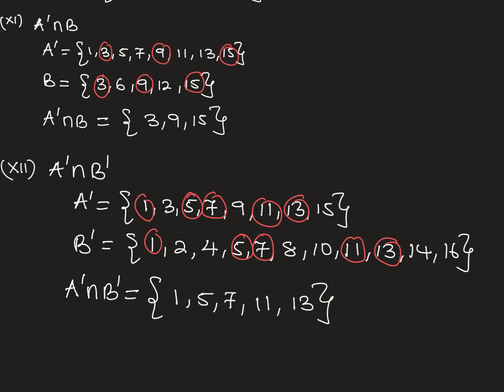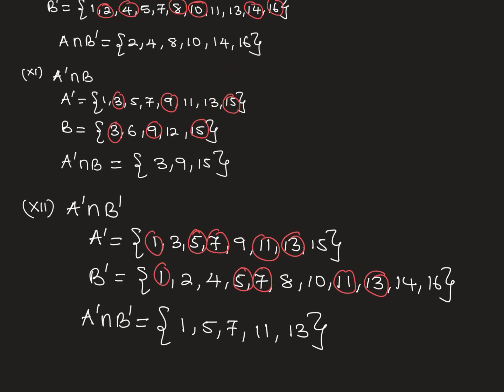All right. Does the answer that we have here, 1, 5, 7, 11, and 13, look similar to a specific region in our Venn diagram? Let's go back to the Venn diagram and analyze it.